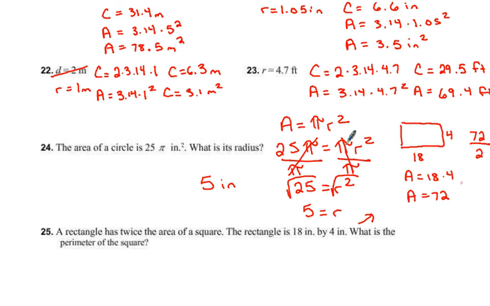The formula for the area of a square is going to be area equals side squared. So if I have 36 equals s squared, what is the opposite of doing a square? You would do the opposite by taking the square root. So each side of your square is going to be equal to 6.